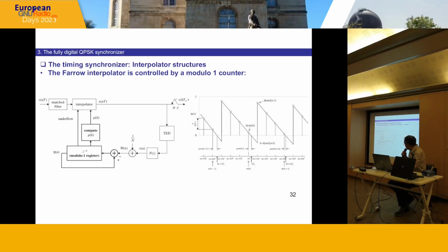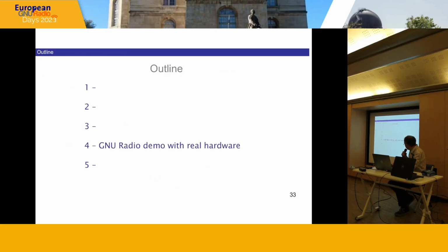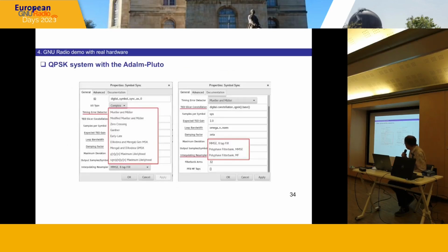As you can see, it's quite a lot of things, a lot of complicated things. So I come to the demonstration, fingers crossed that it's going to work. I've taken the symbol sync block, and as you can see, you have different parameters that you have to set.